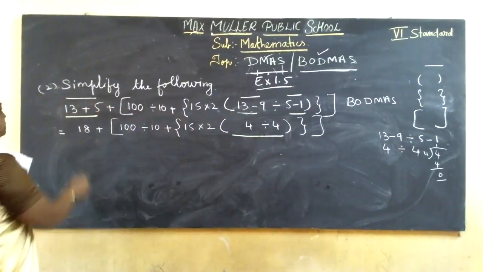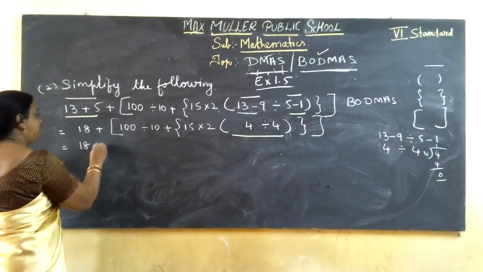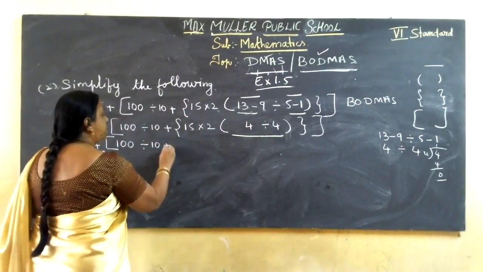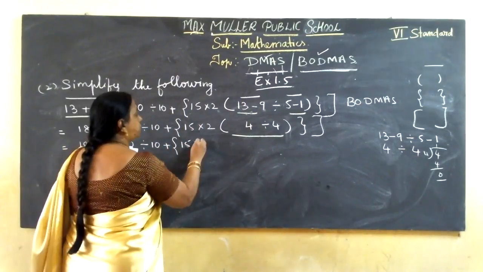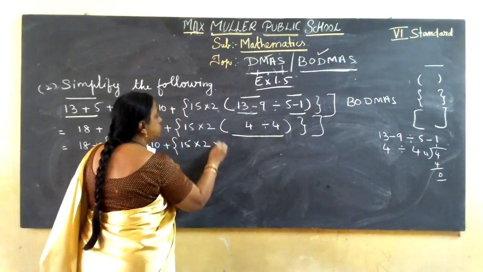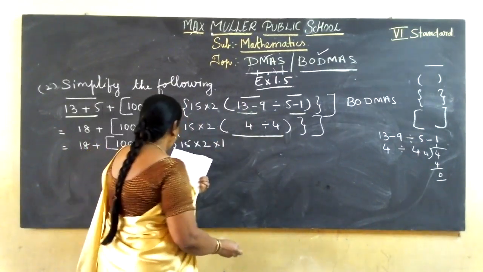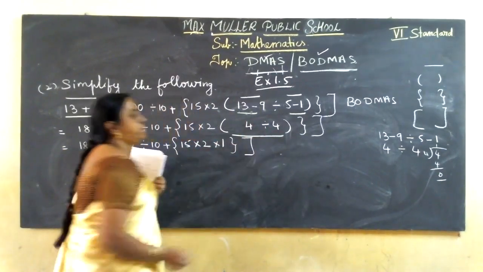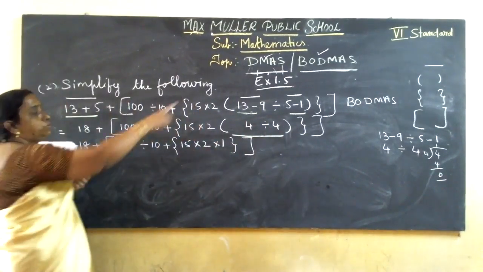Remaining all you copy as it is. So 18 plus 100 divided by 10 plus, open this bracket, 15 into 2. 4 divided by 4 is what? 1. Here no sign, so you should write into 1. Now close the curly bracket, close the square bracket. Clear? Now 2 brackets are over.